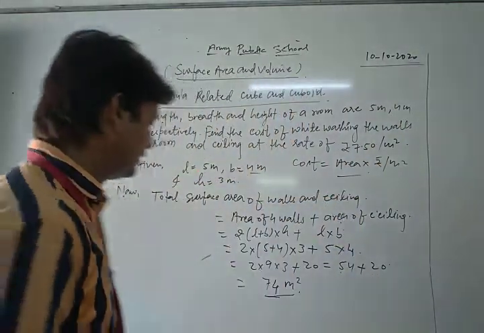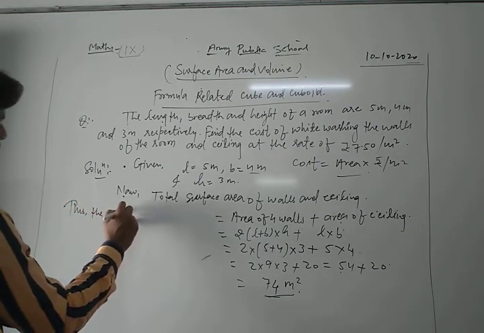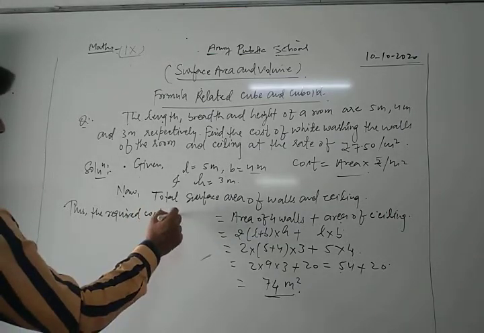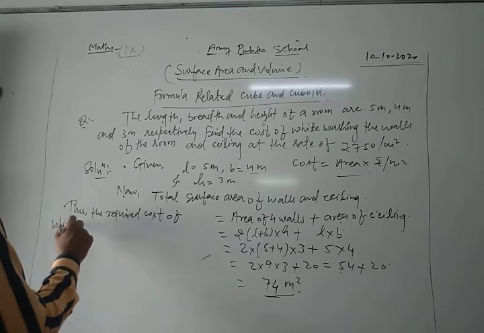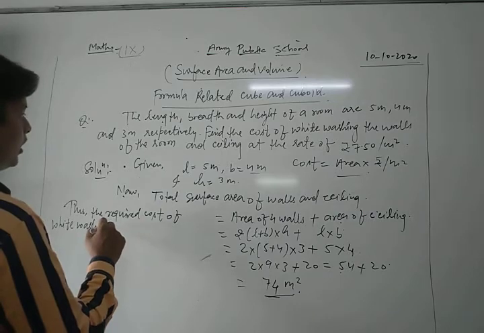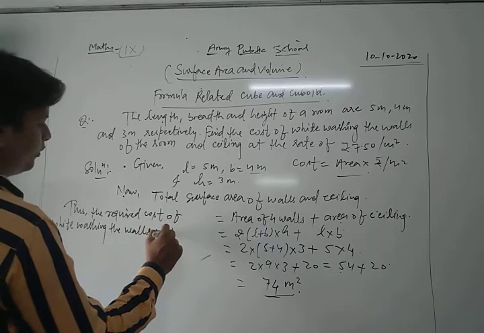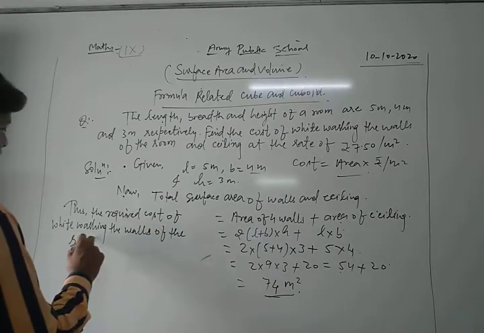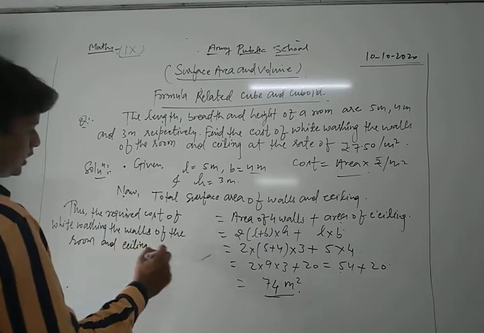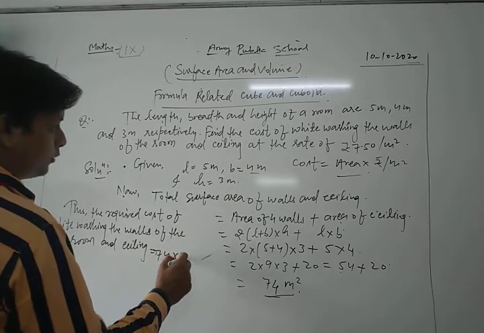Thus the required cost of whitewashing the walls of the room and ceiling is 74 into 7.50.